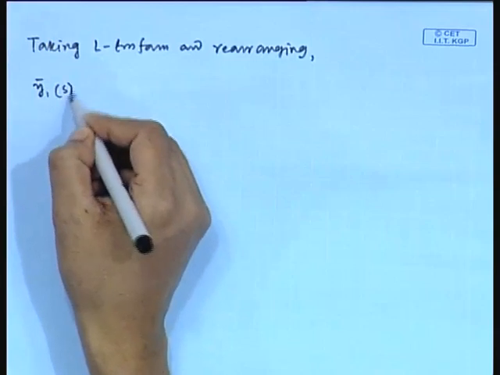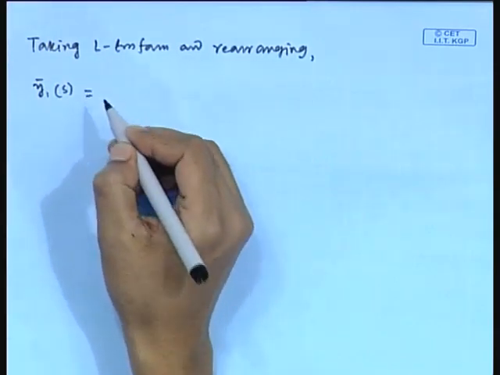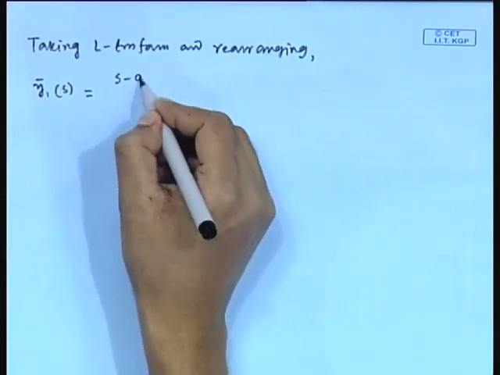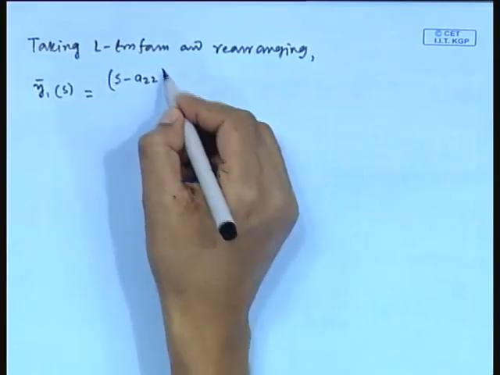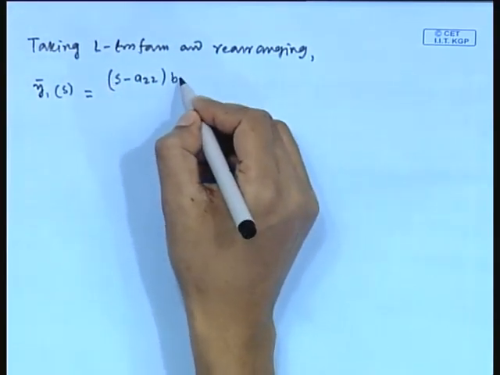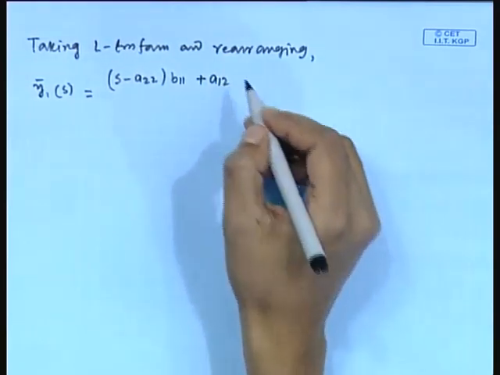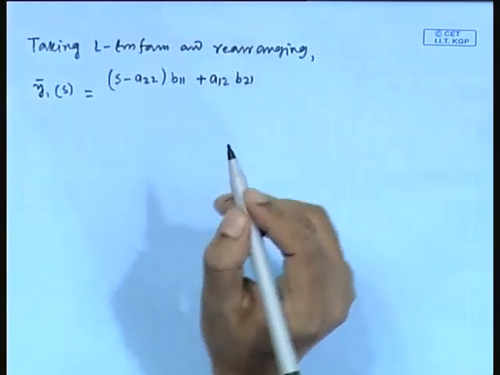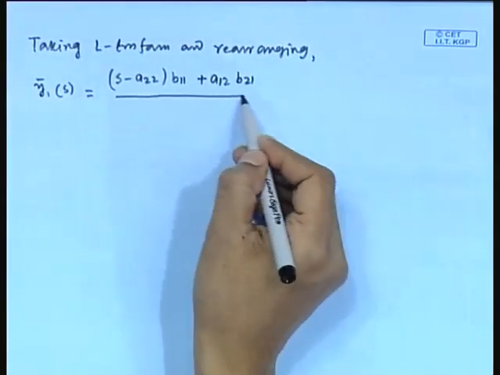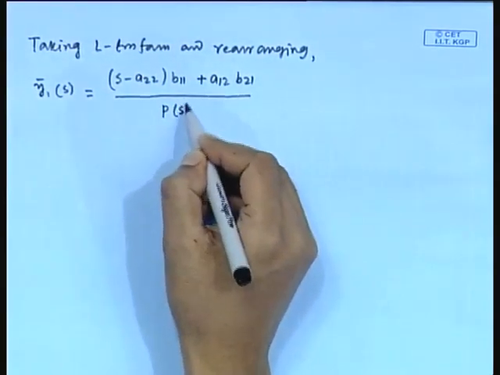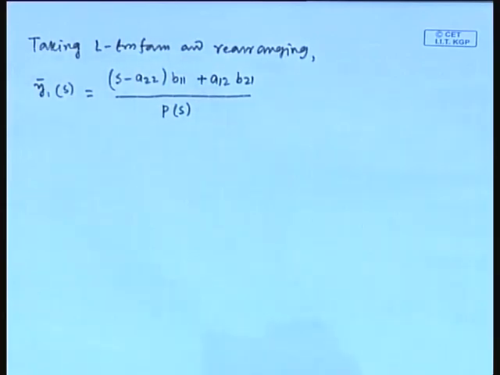We get y1 bar s equal to (s minus a22) b11 plus a12 b21, divided by P(s). P(s) is a polynomial. We will write the expression for P(s) later.